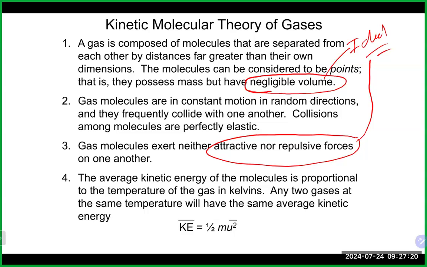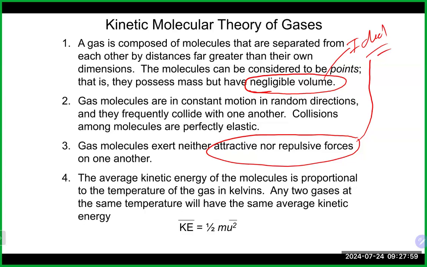That's the reason we were able to do these partial pressure problems even though all these gases were together in the same container. We could do the calculation as if they were in there by themselves. The other gases floating around in an ideal situation have no direct impact on the other gases, or on, say, the partial pressure. So those are the two main points of the kinetic molecular theory that make something an ideal gas.